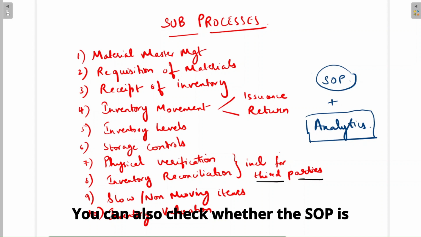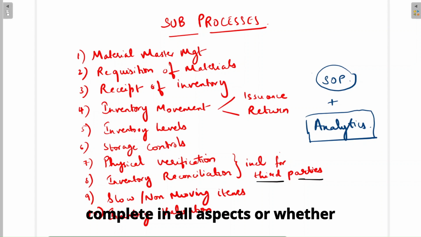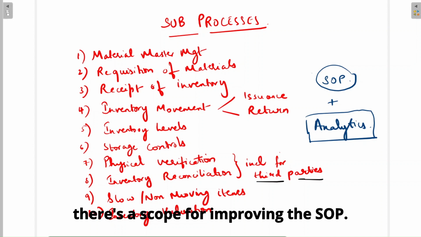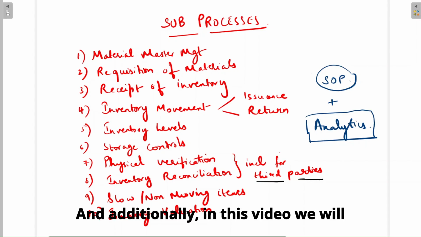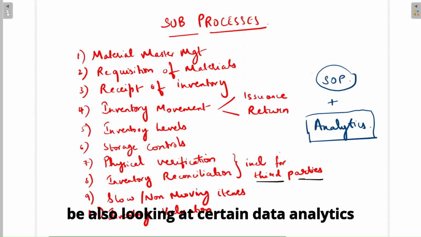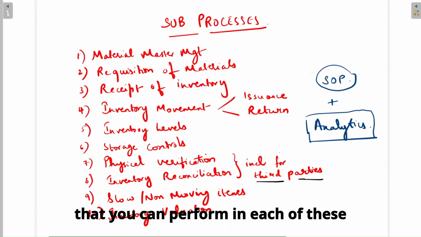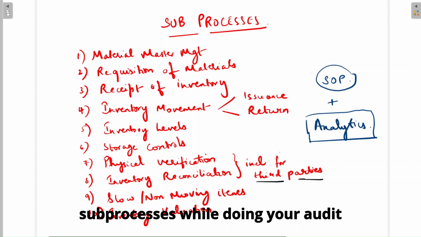You can also check whether the SOP is complete in all aspects or whether there's scope for improving the SOP. And additionally, in this video, we will also be looking at certain data analytics that you can perform in each of these sub-processes while doing your audit execution.